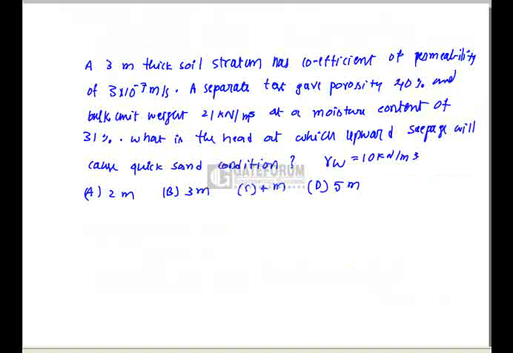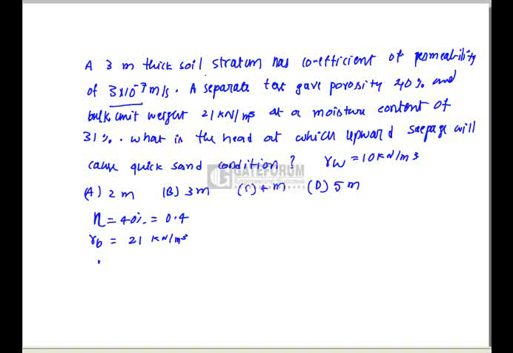Initially we will collect the data that was given. A 3 meter thick soil stratum has a coefficient of permeability of 3 into 10 to the power of minus 7 meters per second. A separate test gave porosity of 40%, that is equal to 0.4, and the bulk unit weight gamma bulk is equal to 21 kilonewton per cubic meter at a moisture content of 31%.